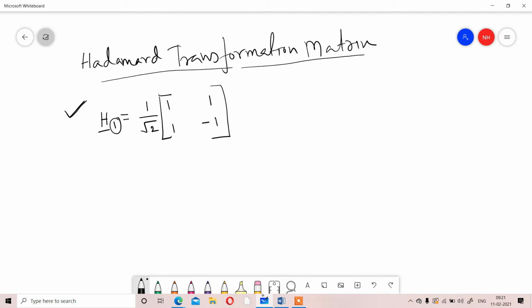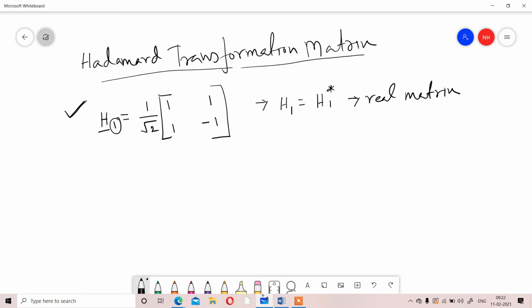Now, simply we can write that H1 must be equal to H1 star, as all the parameters are real, so there should not be any complex value, so H1 will be H1 star as a real matrix.